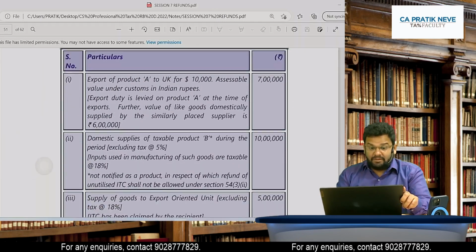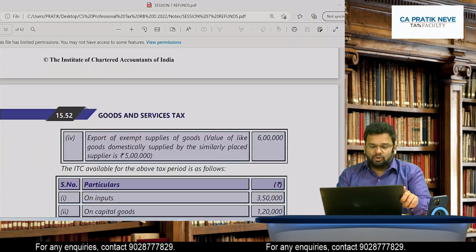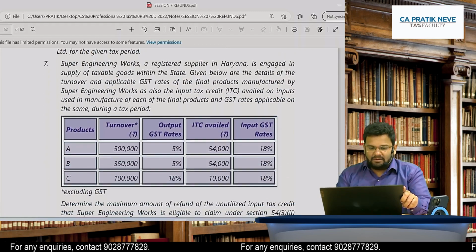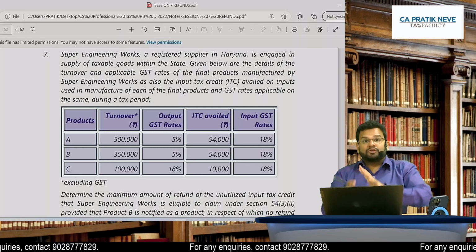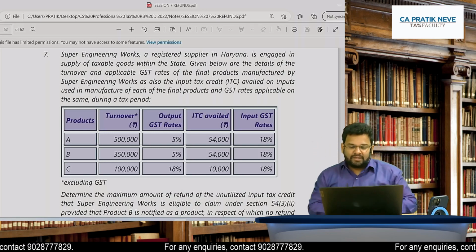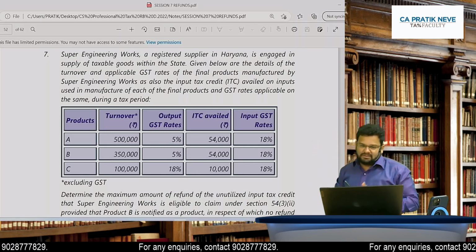Seventh also, sixth also we are going to do, but before that, seventh, inverted duty structure's example. From the example we'll derive the formula and then remember all these things.